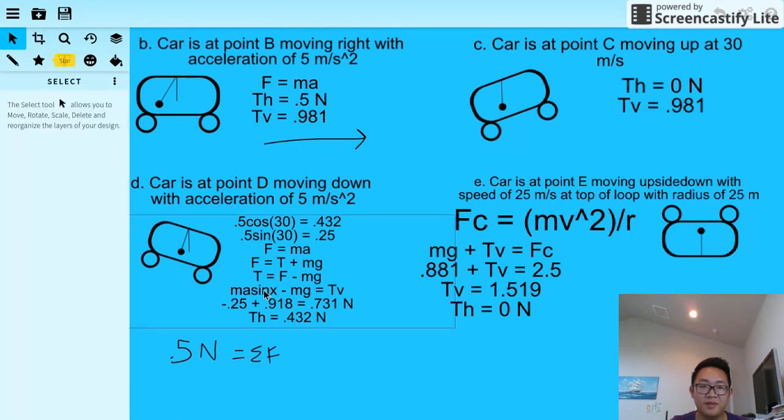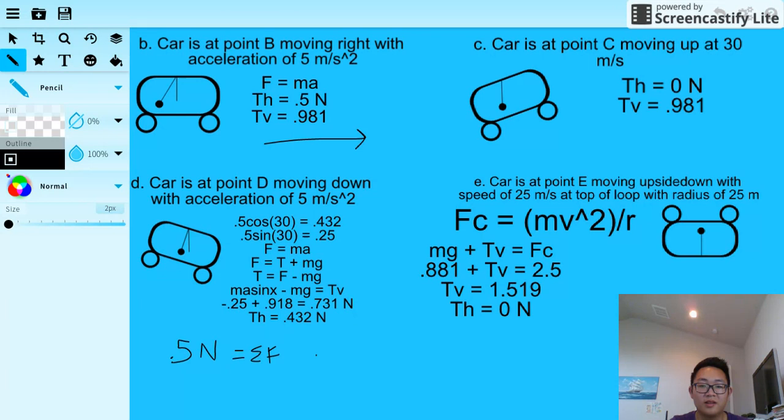That's using the same method as in part B, F equals ma. That's the net force that is acting on the ball. So this time it's acting at an angle downwards. To find the horizontal and vertical forces, we need to use trig. 0.5 cosine 30 gives us the horizontal force, and then 0.5 sine 30 gives us the vertical force.